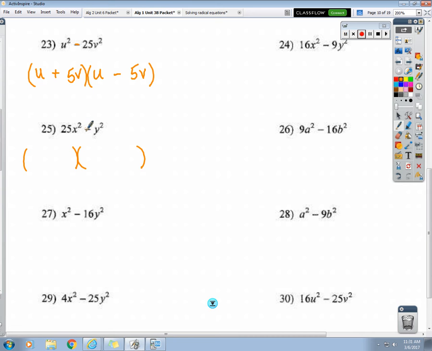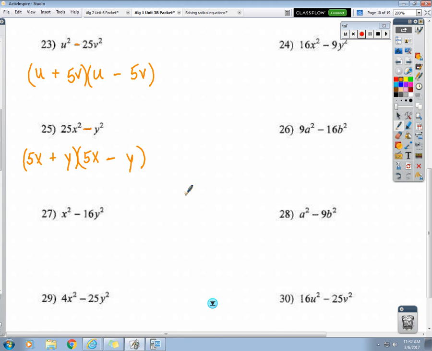Yes, difference for sure because there's a minus sign. And then both of these terms are perfect squares. Perfect square meaning you can multiply something by itself to produce it. What can I multiply by itself to produce 25x squared? 5x and 5x. And then what can I multiply by itself to produce y squared? y times itself. But then to make it negative, you need one positive, one negative.